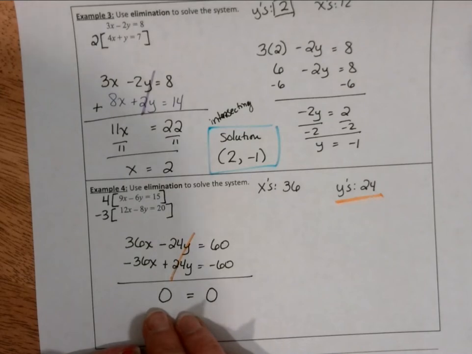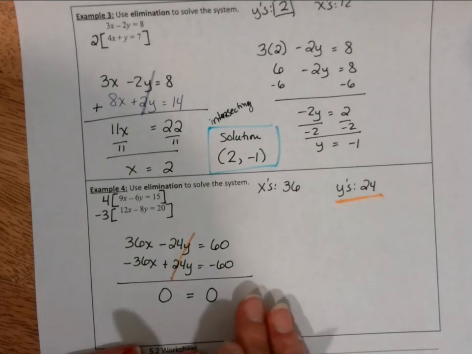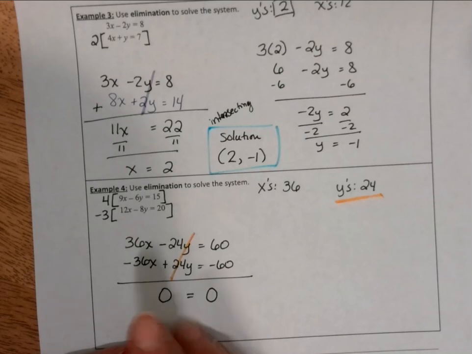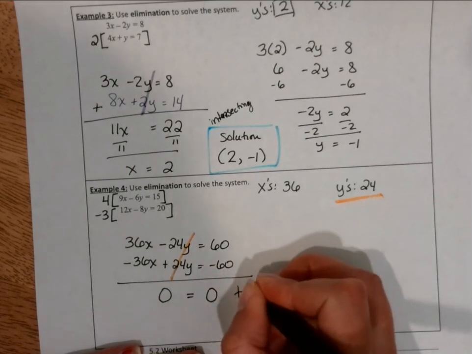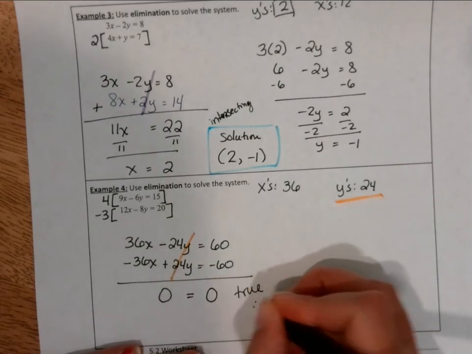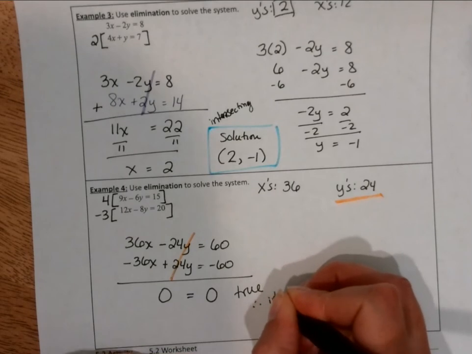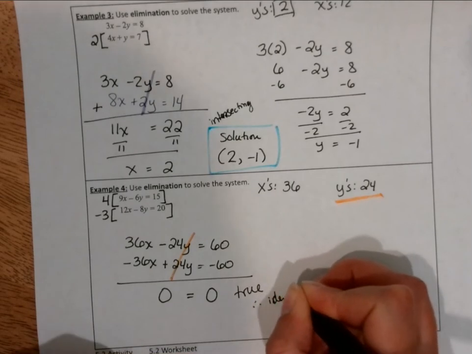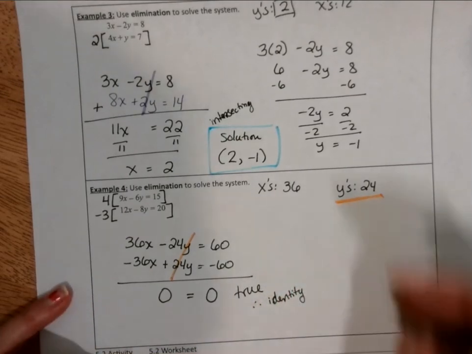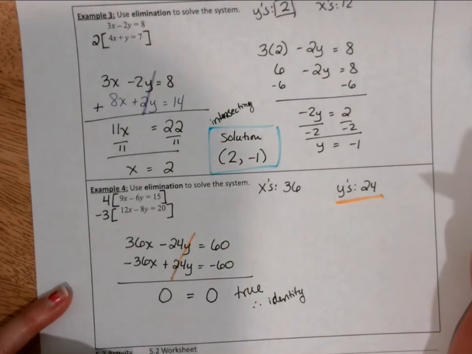They have eliminated each other, so we're not intersecting. Whether or not this is true or false is going to determine if I'm parallel or an identity. Here, it's true, so that means that this must be an identity. So that means that my answer is all points on the line.